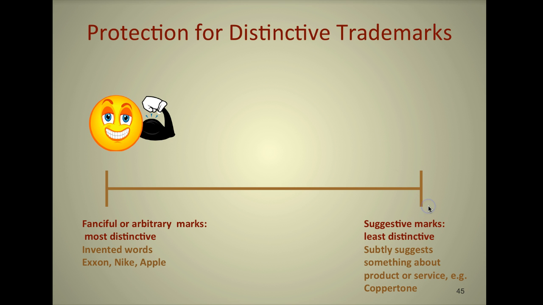Suggestive marks are not as distinctive as the fanciful or arbitrary marks. So the image is sort of someone lifting up, but not quite as high as the other distinctive marks. Suggestive marks suggest something about the product or service, and the best example I could read about was Coppertone. Coppertone is a suntan lotion, not something I have to worry about.